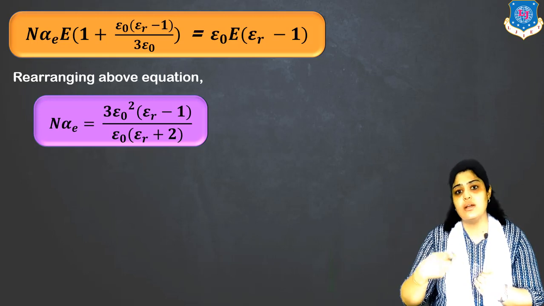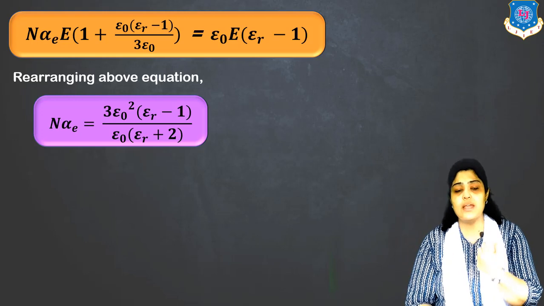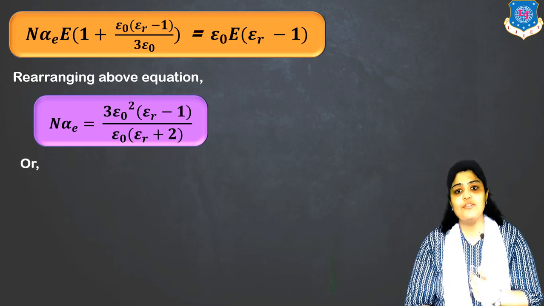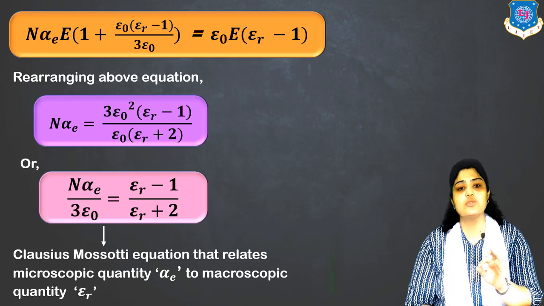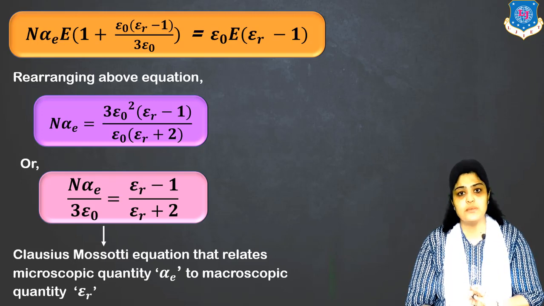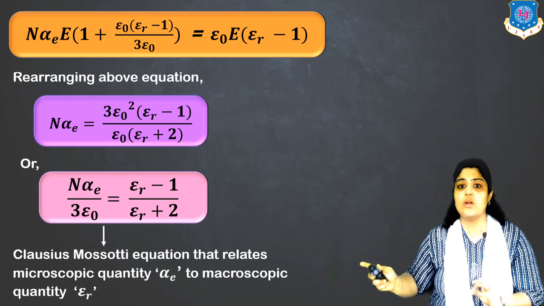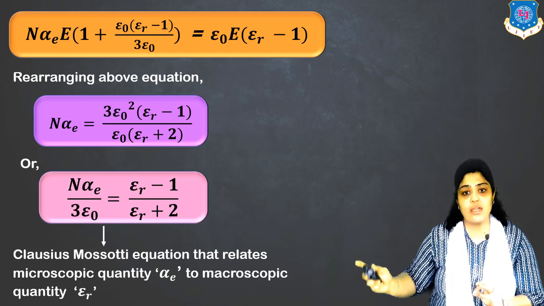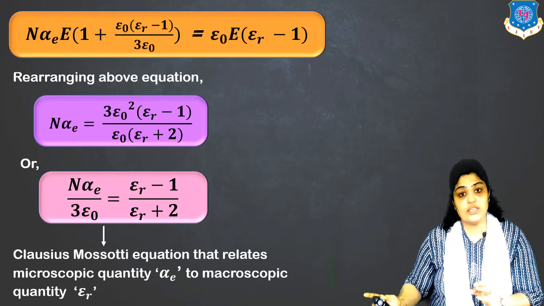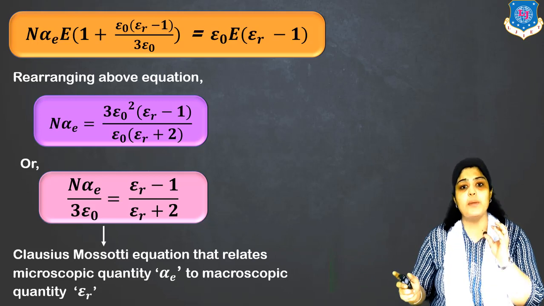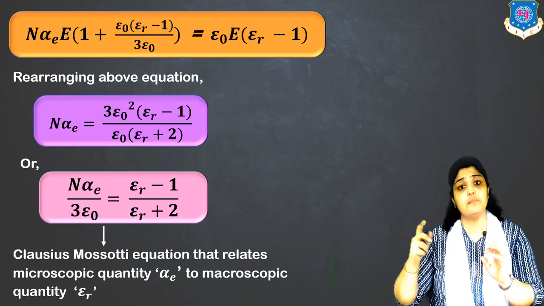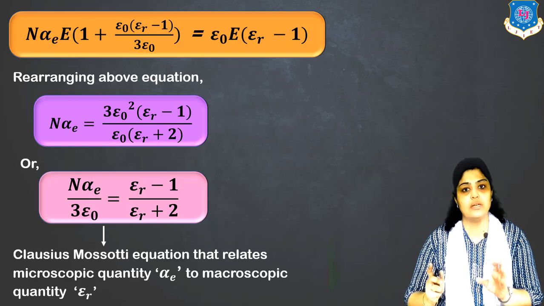One epsilon naught gets cancelled, and I am left with N alpha E equal to epsilon r minus 1 upon epsilon r plus 2. This equation written in the pink colored box is what is known as the Clausius-Mossotti equation. It relates the microscopic quantity alpha E with the macroscopic quantity epsilon r.